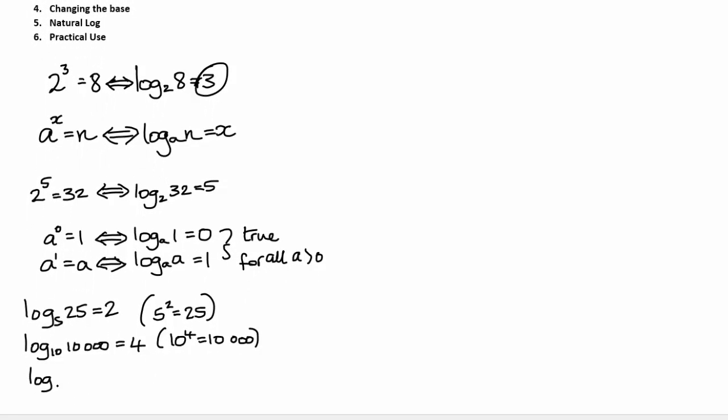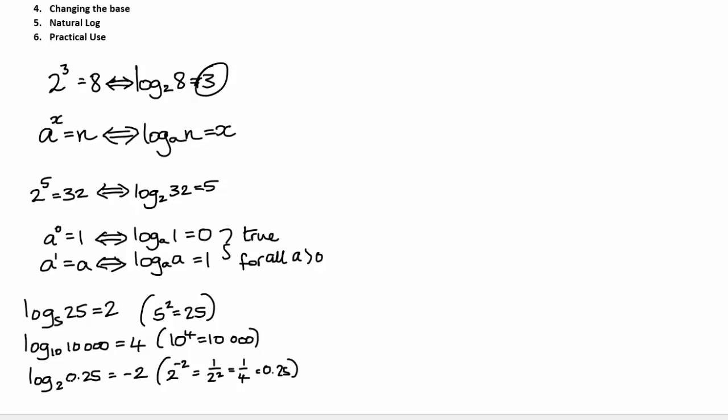Log to the base 2 of 0.25 would be minus 2. That's the one that might catch you out slightly, so let's rewrite it in power or index form. 2 to the power of minus 2 is 1 over 2 squared, which is a quarter or 0.25.